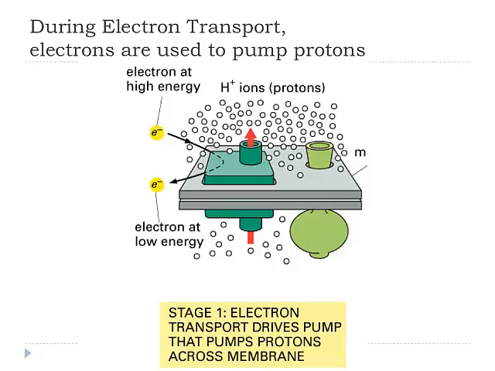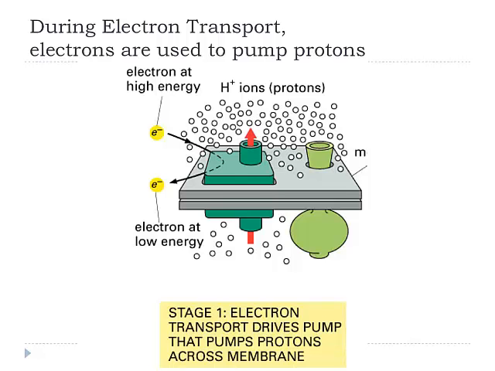So this first stage is the actual transport of the electrons. That really is what's driving the movement of protons across this lipid bilayer. So you have to remember back to Chapter 11, the rules of what gets across a lipid bilayer freely and what doesn't, and we know ions don't.